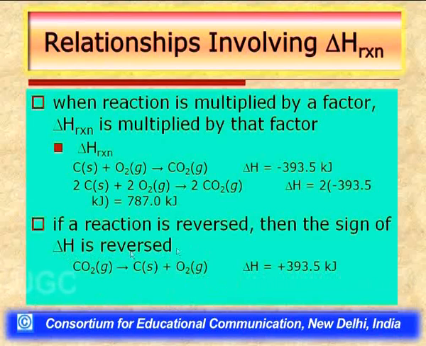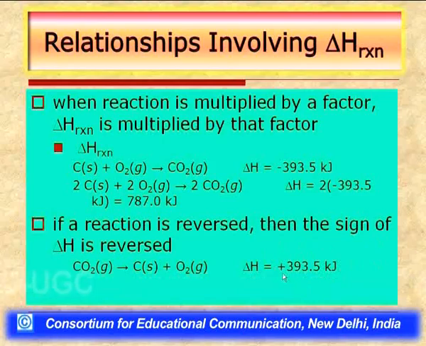When carbon combines with oxygen to form carbon dioxide, delta H is minus 393.5 kilojoule; if we reverse the direction, the sign of the enthalpy change would also be reversed, but its magnitude will be the same.